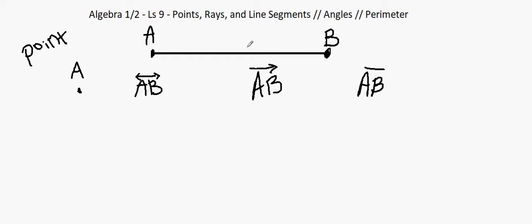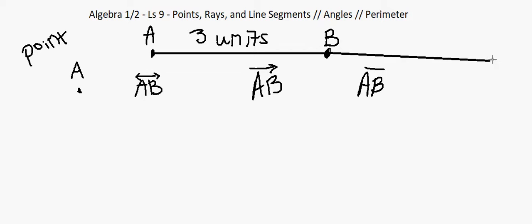What if I told you AB was 3, and let's not get specific. Let's just say it's 3 units long. Okay? What if I said this line goes on further? I don't like how crooked that was.